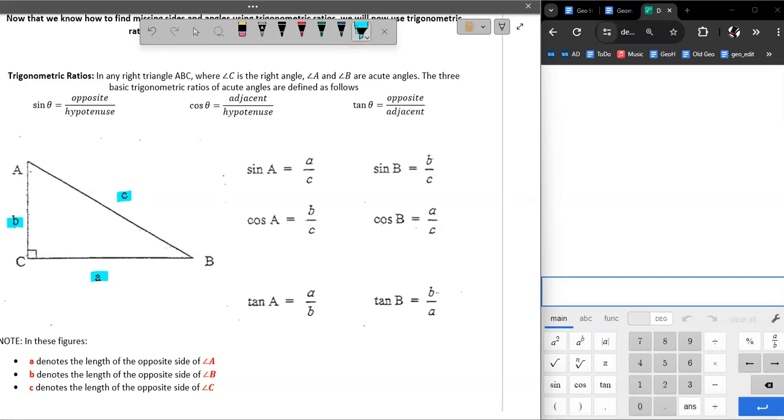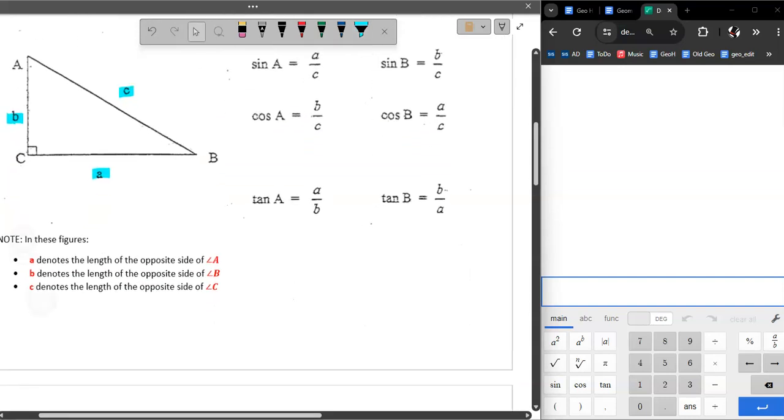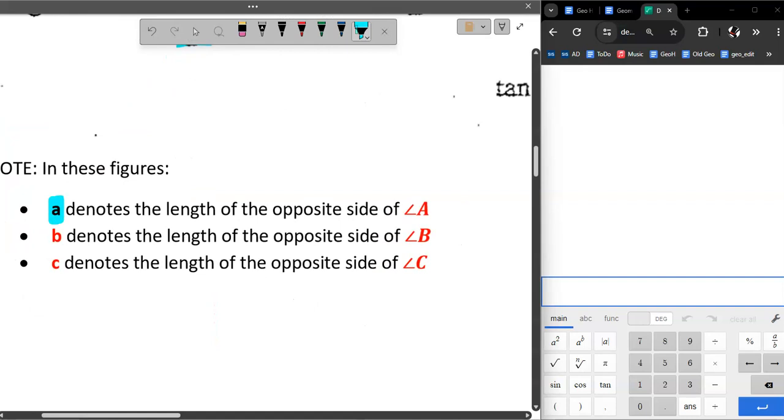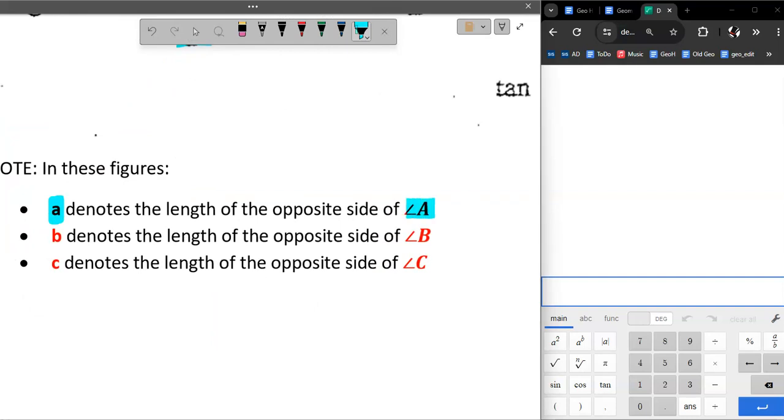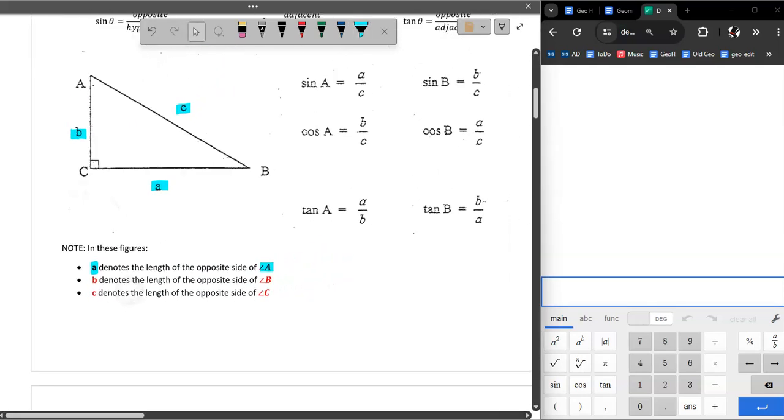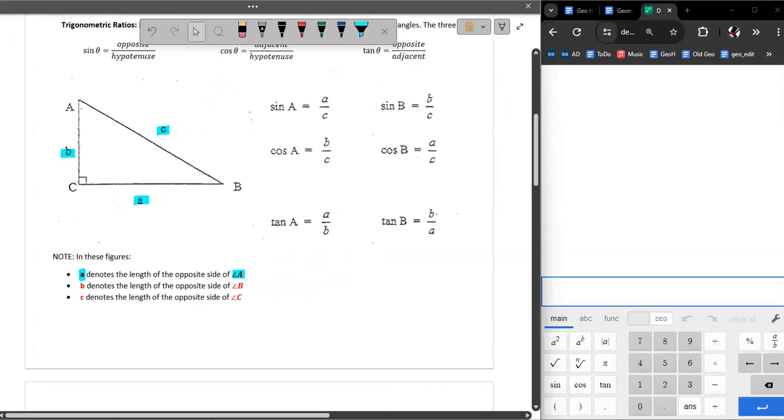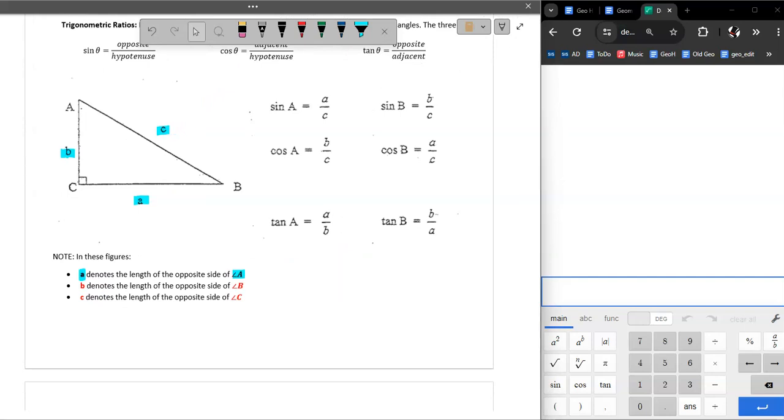The reason why they're the same letters as the angles is that the lowercase side length is always going to denote the length of the opposite side of that angle. Remember, we talked about the relationship between angles and their opposite sides being very important, and they have a lot of different relationships with each other. So there's just kind of a minor redefinition here of sine, cosine, and tangent. But ultimately, as long as you know SOHCAHTOA, you're going to be good to go.